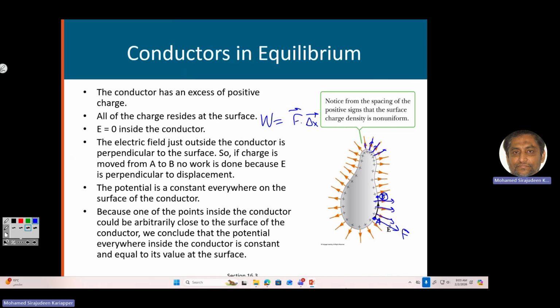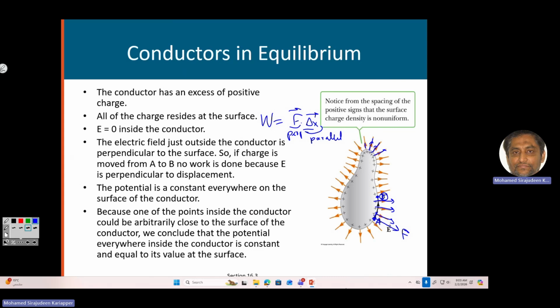If it is a positive charge, the force will be in the same direction as the electric field. The force will be perpendicular to the surface. As the charge is moves from A to B, the force will be perpendicular to the surface. And the delta x, if you imagine a small delta x, will be parallel to the surface. Force will be perpendicular to the surface, and the delta x will be parallel to the surface.